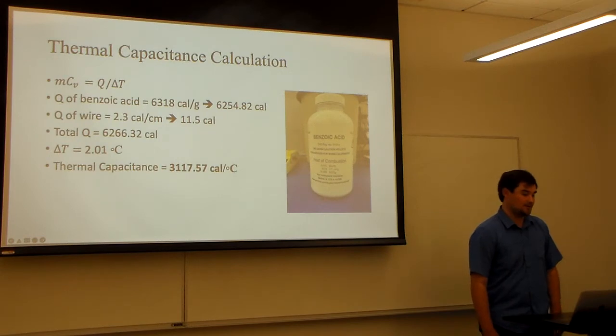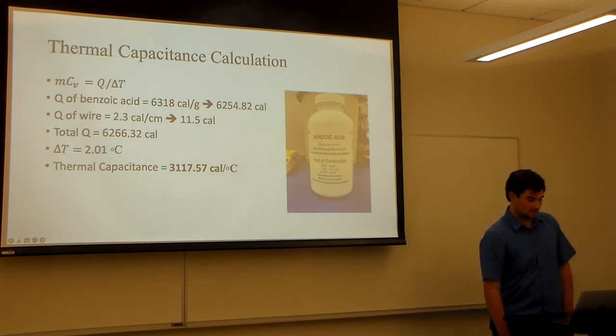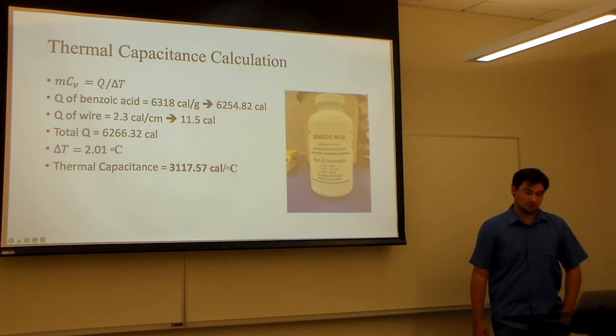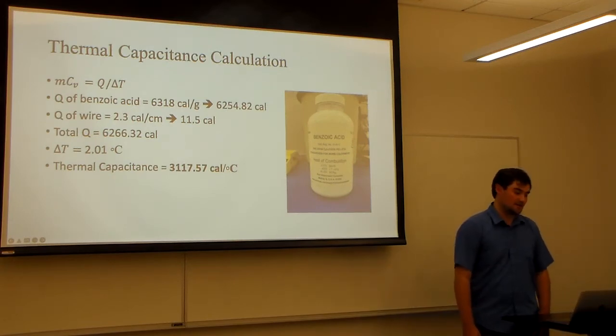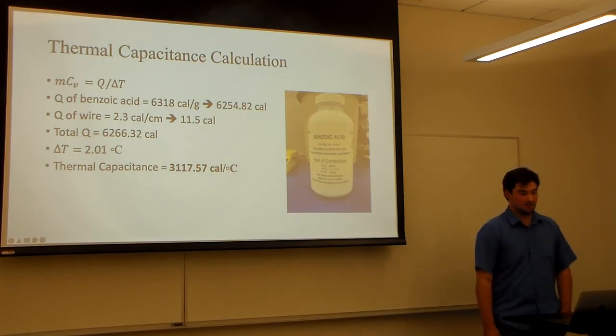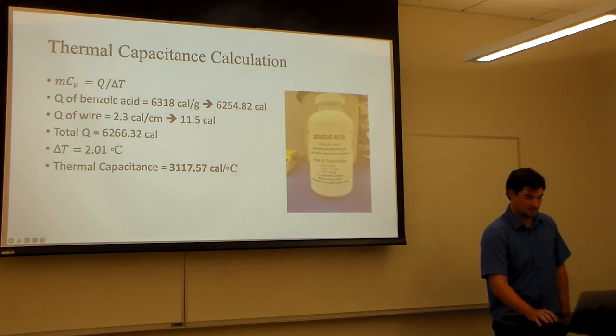And for the wire, it's 2.3 calories per centimeter. And once we accounted for the 5 centimeters that was left over, it was 11.5 calories. So the total Q value, just sum those together, and we divided that by the delta T, which was a little over 2, and we got a thermal capacitance of the system of about 3,100 calories per degree Celsius.